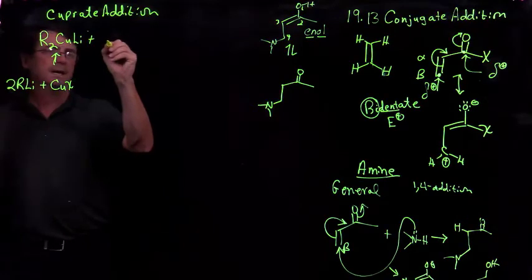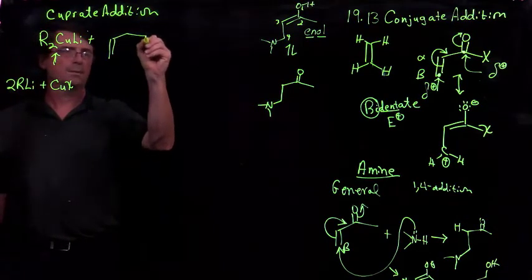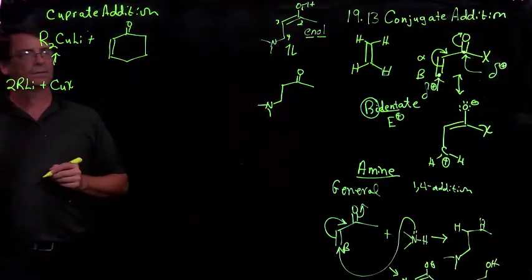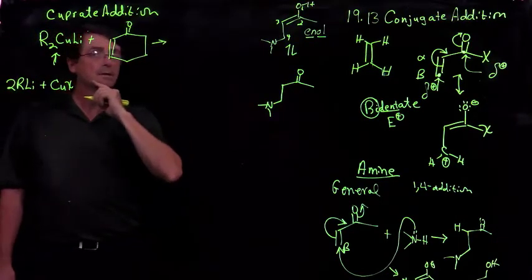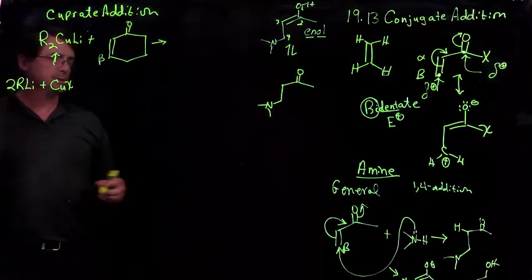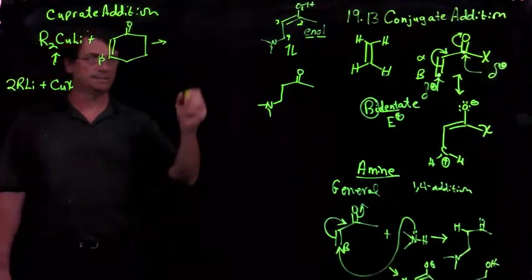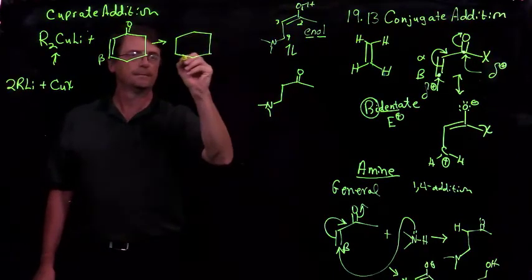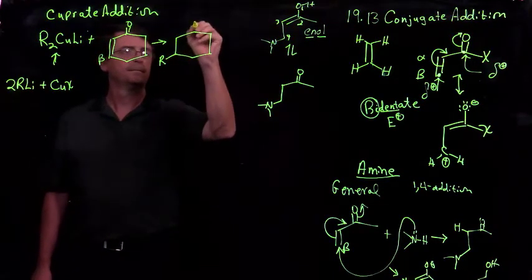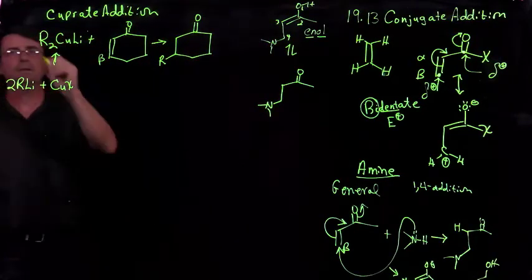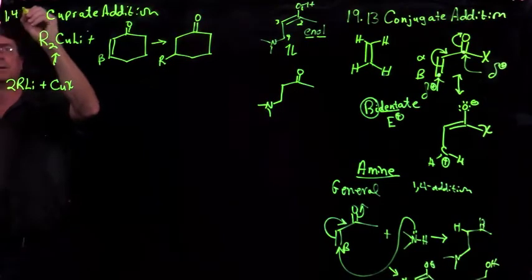But these react with carbonyl compounds. I'll just give you a 6-membered ring here as an example. These copper reagents are very selective for the beta position, just as we saw with the amine. So the cuprates are 1,4 selective.